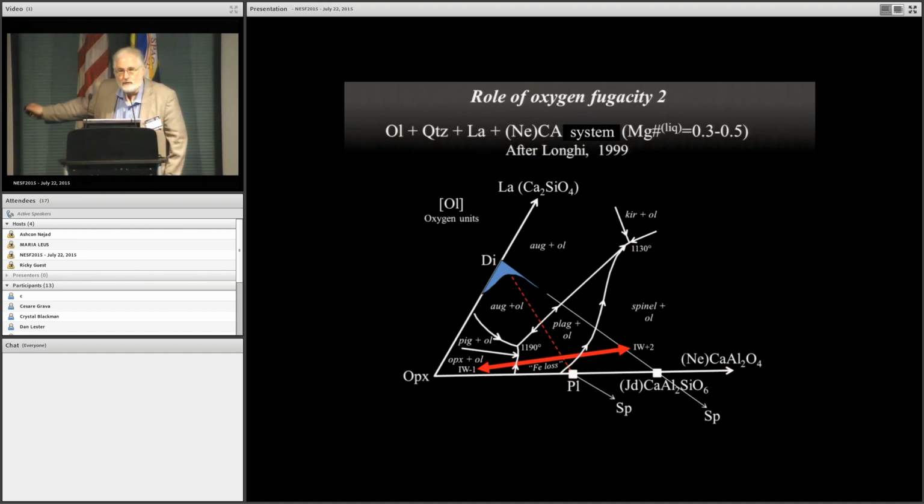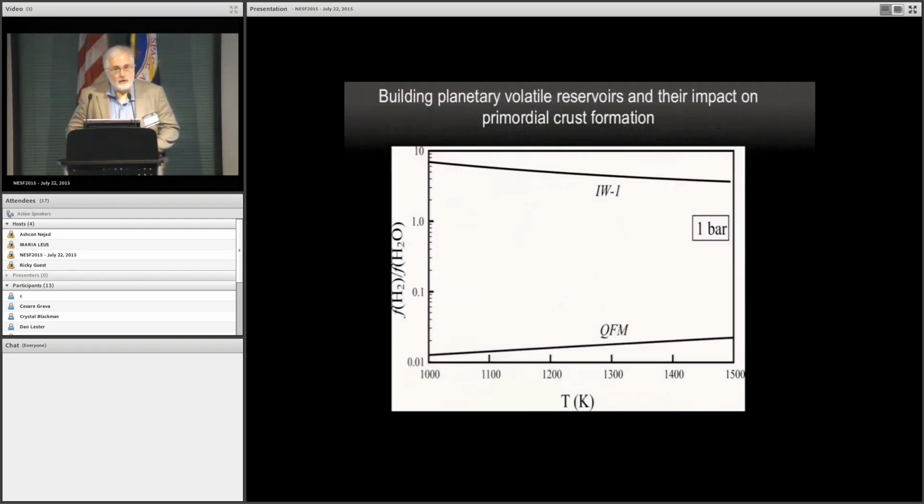So just simply variations in the FO2 may change the overall bulk composition of the crust that's being produced during primordial differentiation.